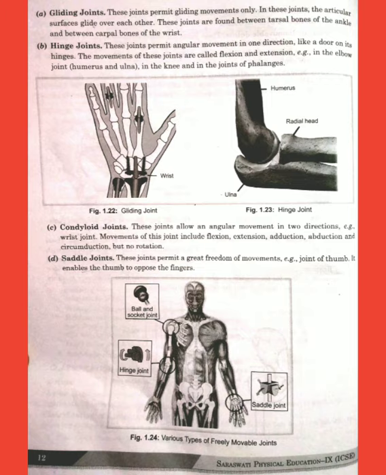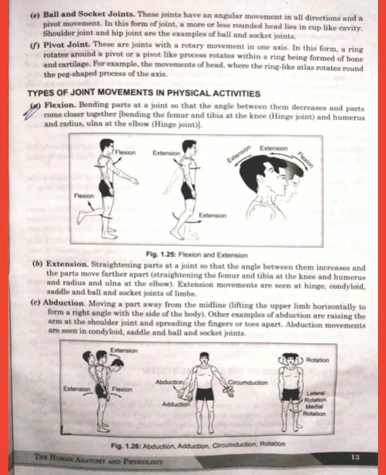Next is ball and socket joint. So such joints have an angular movement in all directions. Examples are shoulder joint and hip joint. So these joints are just like a rounded head and a cup, as the rounded head lies in a cup-like cavity. The next one is pivot joint. So these are joints with a rotatory movement in one axis.